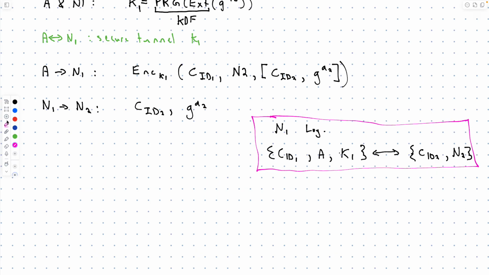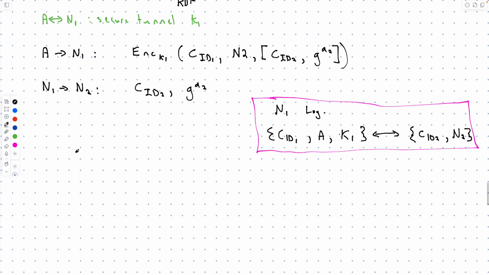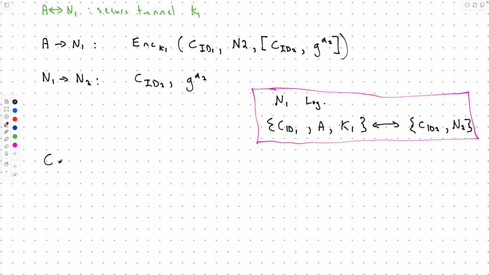Now, does N2 know who Alice is? No. All it knows is CID2, and it knows who N1 is. So it wants to talk to Alice now, and it's going to do it through N1. It's going to send back to N1, marked with CID2.